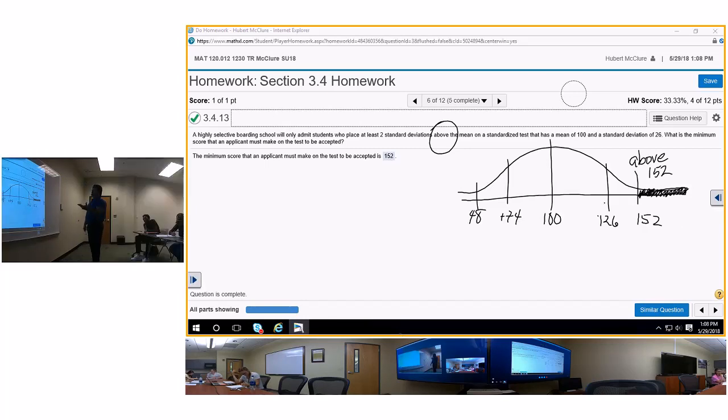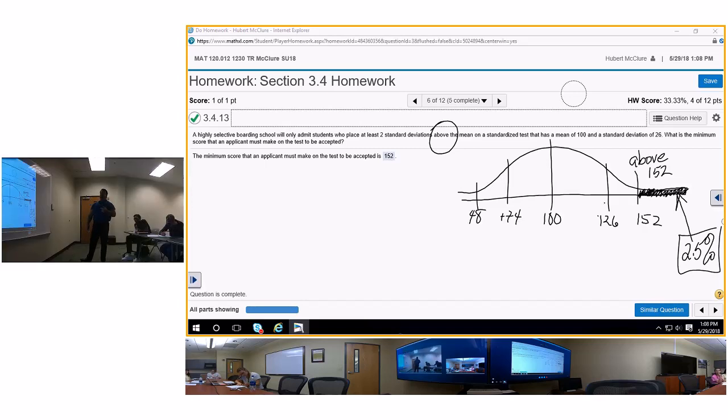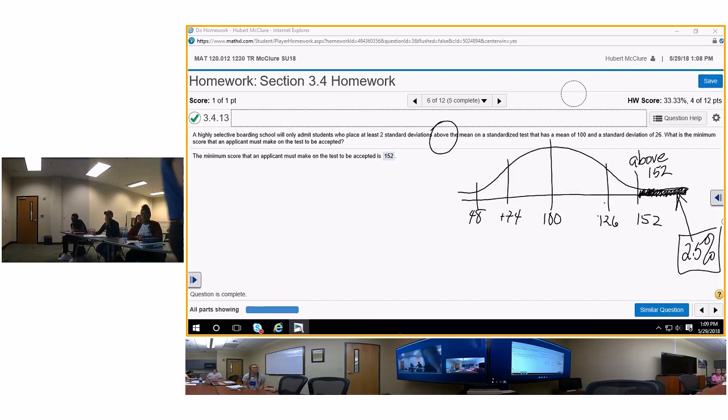So somebody tell me by the empirical rule, what's the percentage there? 2.5%. So if you're talking about 1,000 students, how many students out of 1,000 are going to be able to go to that school? How many? 25, or whatever the case may be. 0.025. Yep.